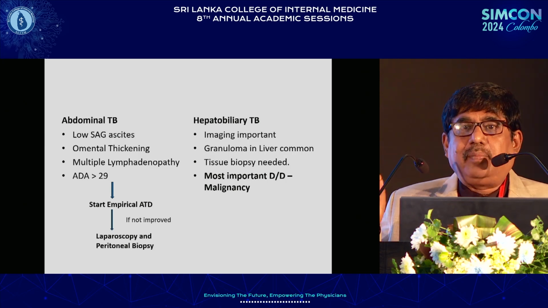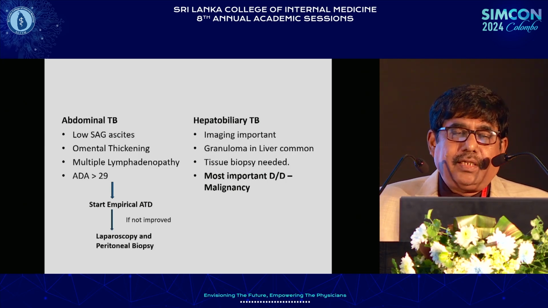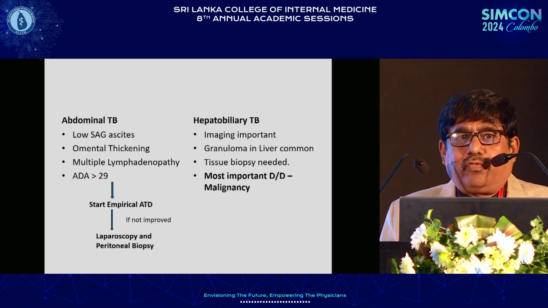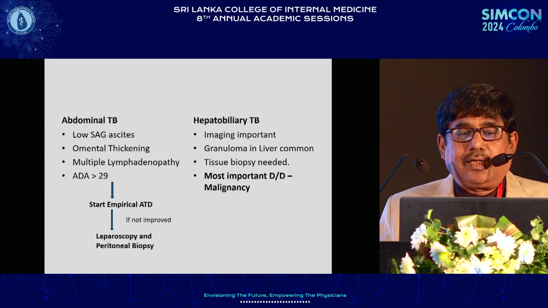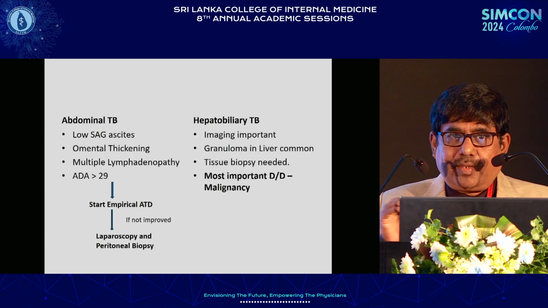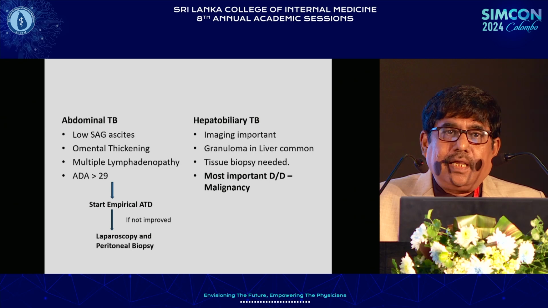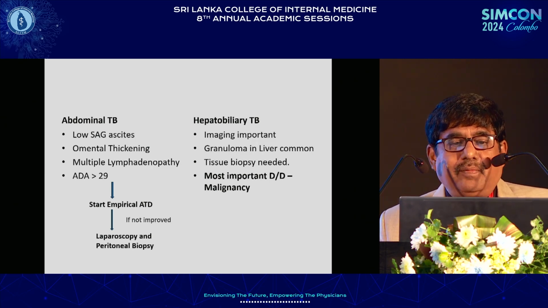Hepatobiliary TB is one of the causes of PUO, pyrexia of unknown origin. Patients usually have a prolonged fever, and I do not get any clue from any imaging or blood or any other diagnostic modalities. But if you do the imaging, abdominal CT, you will get multiple granulomas in the liver. That can confuse you, as I told in the second case, whether it is pyogenic liver abscess or tubercular liver abscess.